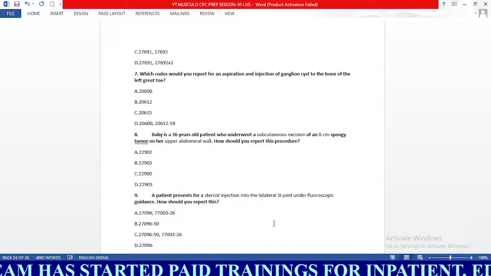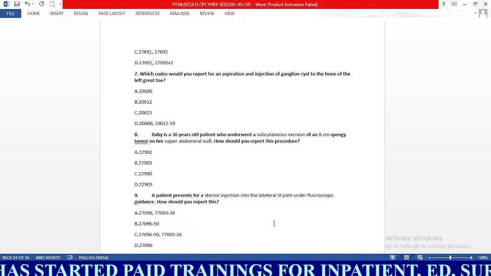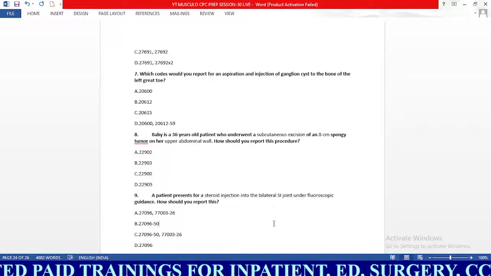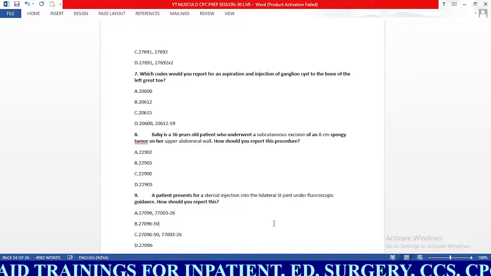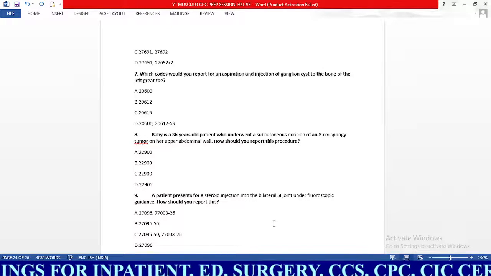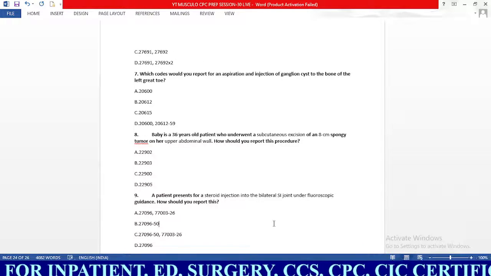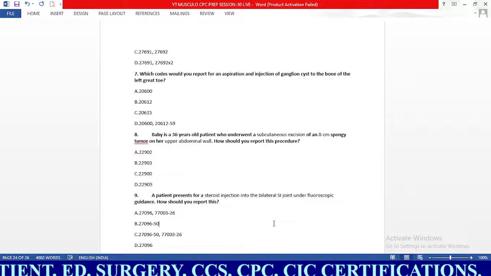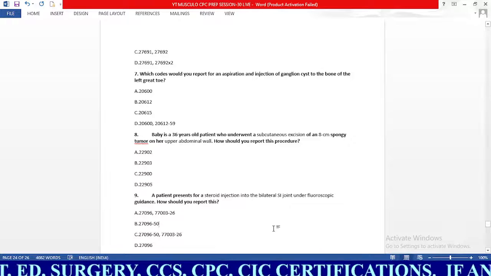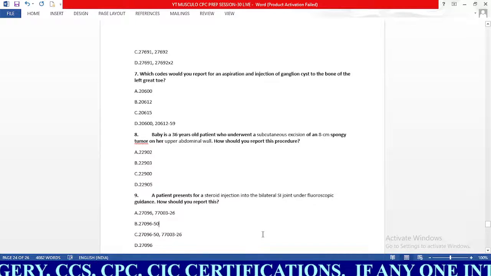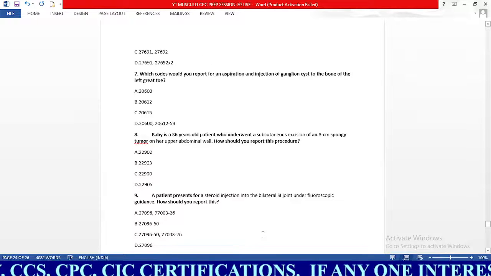Injection procedure for sacroiliac joint, anesthetic steroid with imaging guidance, including arthrography when performed. Based on our code description, fluoroscopy is included in 27096. So we can directly eliminate A and C, as fluoroscopy is included in the code description.